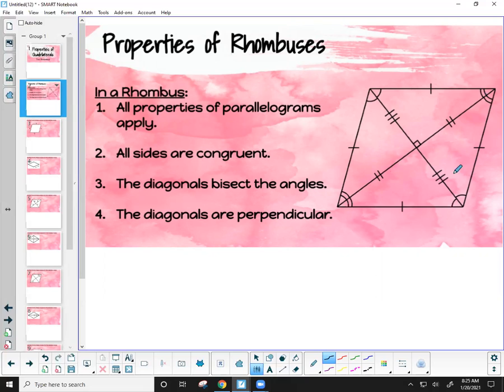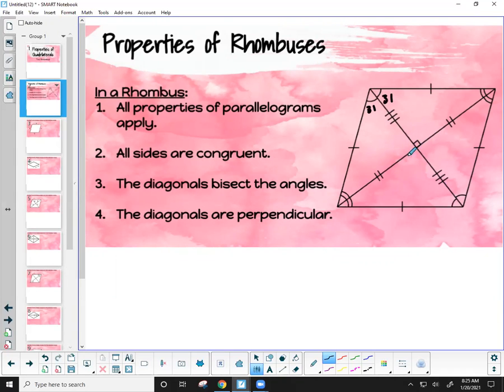The diagonals do bisect each other. That happened in our parallelogram as well. But the other thing that it does is it bisects the angles. So for instance, if this was, let's say 31 degrees, then this has to be 31 degrees. The other thing that happens is the diagonals are perpendicular, meaning those diagonals meet to make a right angle.